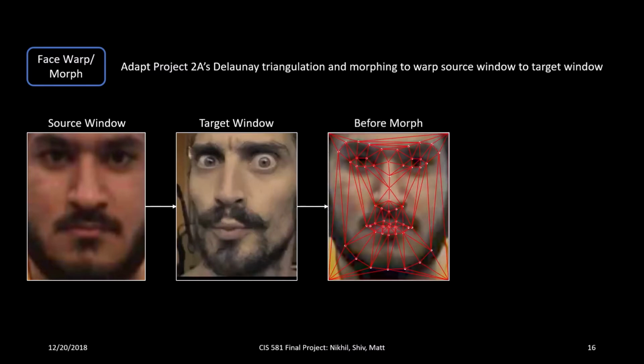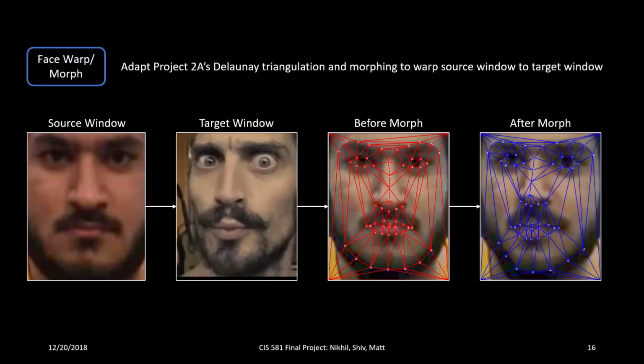We create a Delaunay triangulation from the features from the source frame, and then we morph to the features from the target window. But the cross dissolve fraction is 0 because we're going to keep the face from the source window.